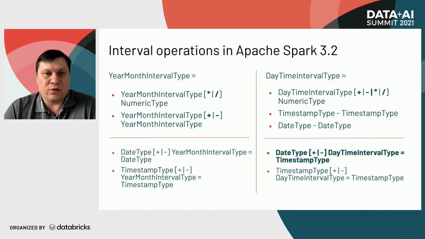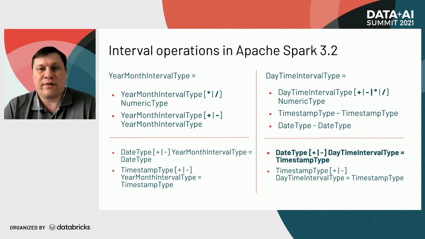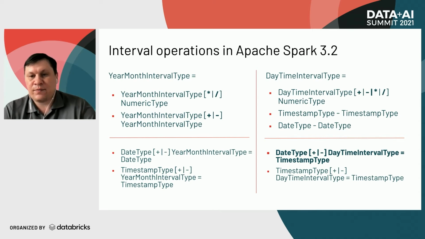Here you can see all possible combinations which will be supported in Spark 3.2. We actually follow the standard in almost all cases, probably except one, where we add and subtract daytime intervals from date.